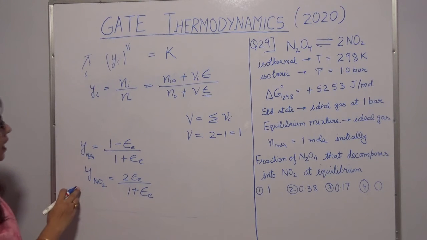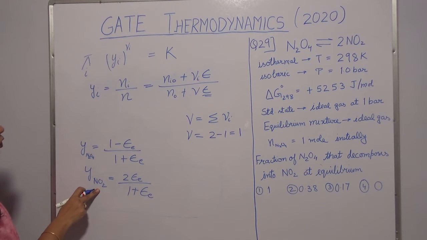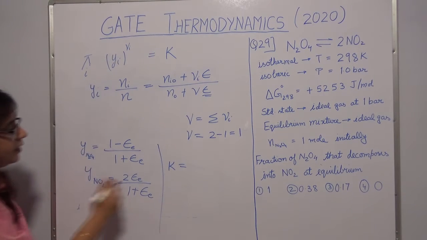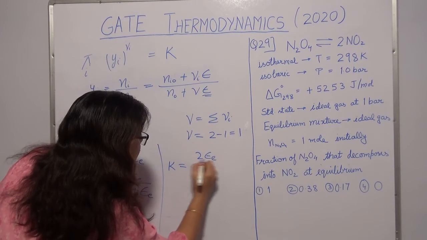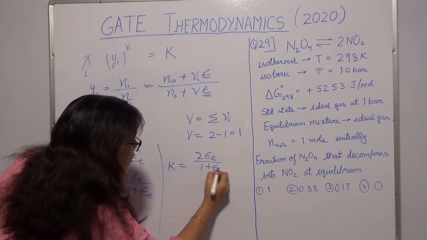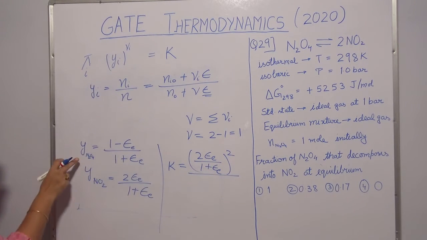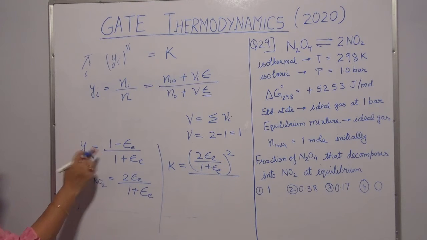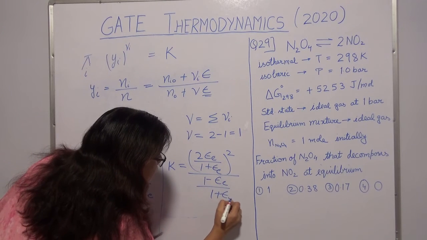And what I get is YN2O4 raised to minus 1, and YNO2 raised to 2. So then my equation is K equal to YNO2 raised to, okay, so 2 epsilon E upon 1 plus epsilon E, that should be whole square. And since this is raised by minus 1, that will come in the denominator. So I have 1 minus epsilon E upon 1 plus epsilon E.